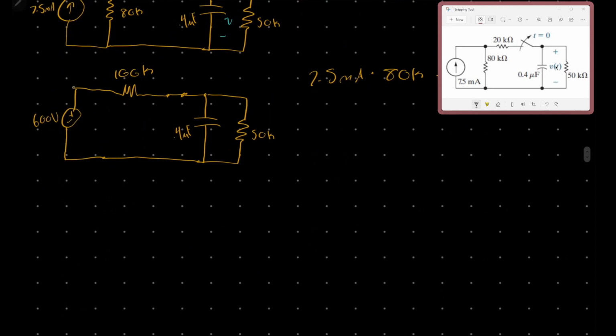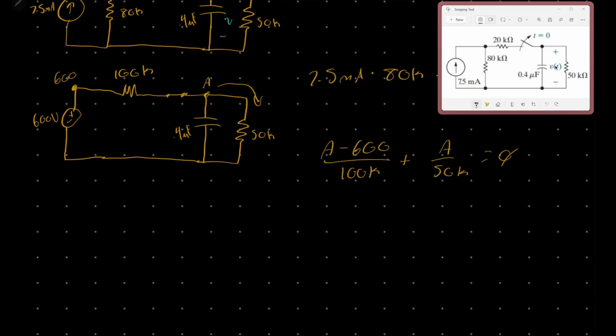Okay, and now we can just do super simple node analysis to get the voltage at this node A right here. This node will be 600 volts. And if you remember node analysis, it's going to be A minus 600 over the resistor that's in between, plus A over 50K, equal to 0.